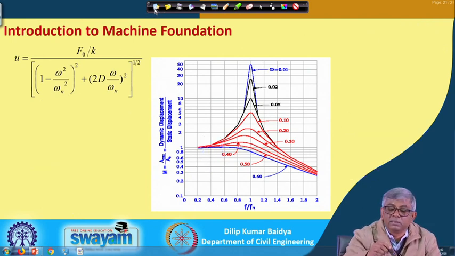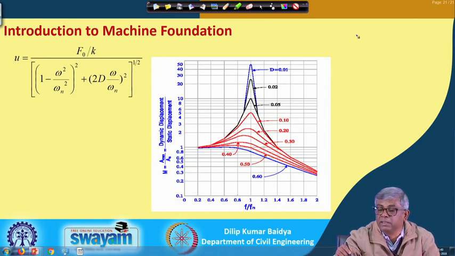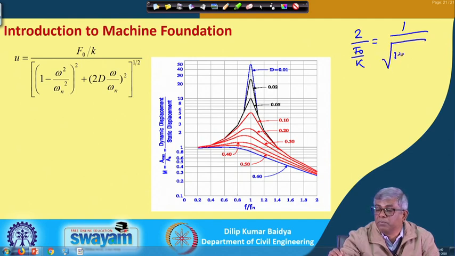Otherwise, some people can also try to solve this problem in another way. One gets 2 divided by f naught over k, divided by 1 over under root of 1 minus omega over omega n squared, whole squared, plus 2d multiplied by 0.1 whole squared, with the frequency ratio being 1/10.